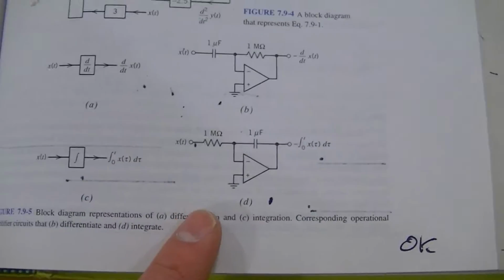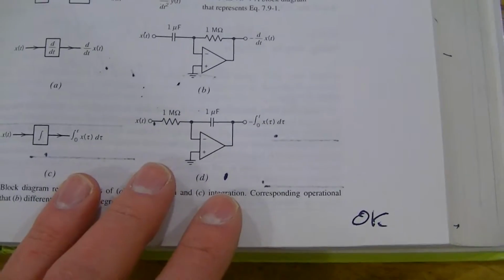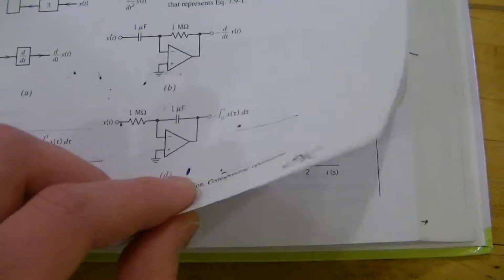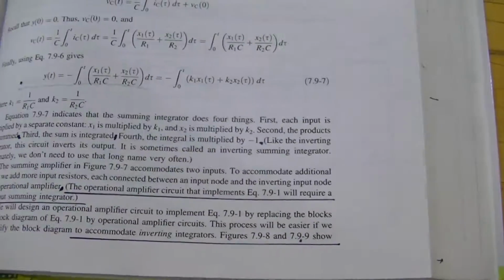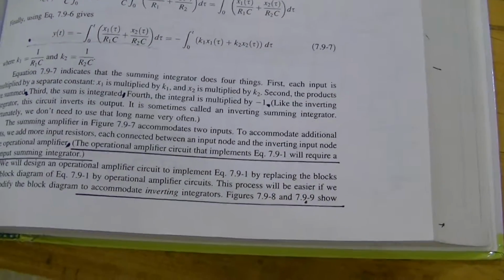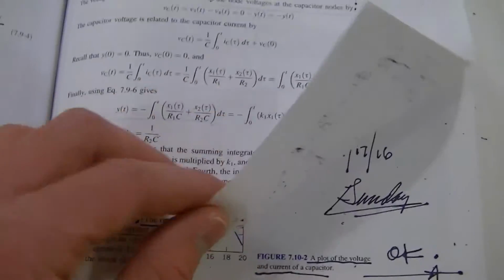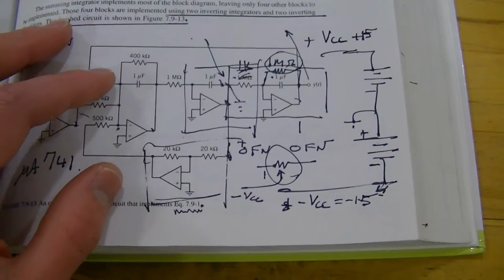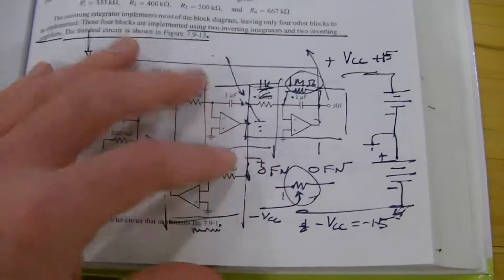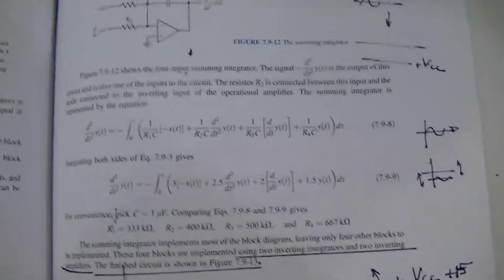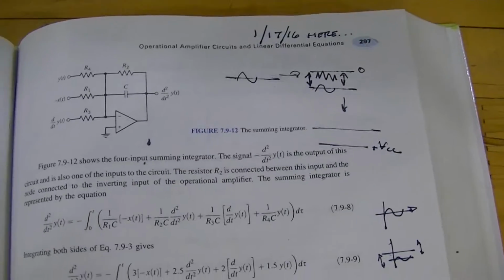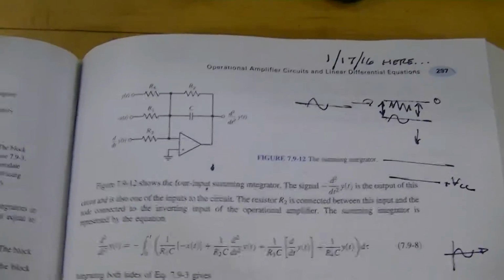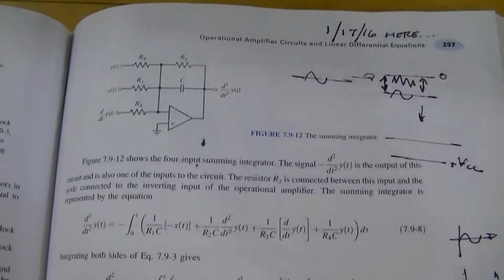So I think this is interesting, but can we use it? And the answer is yes, indeed. It turns out that you can make a general purpose integrator, and it's shown on this page, 297, following the schematic in the upper left.